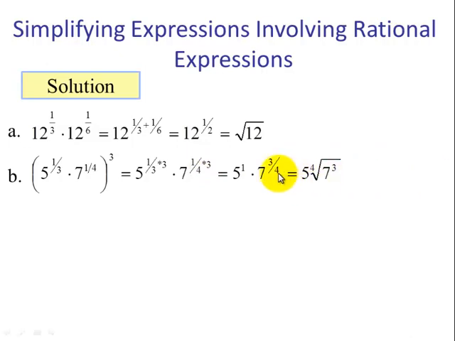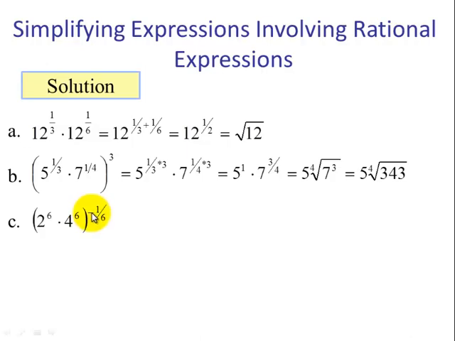Well, 5 to the 1st power is 5, and then if you recall, our index is 4, the denominator, our power is the numerator, so that's our radicand, and we can simplify 7 to the 3rd power as 343. So our answer is 5 times the 4th root of 343.